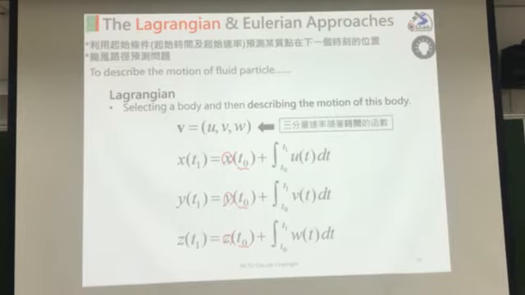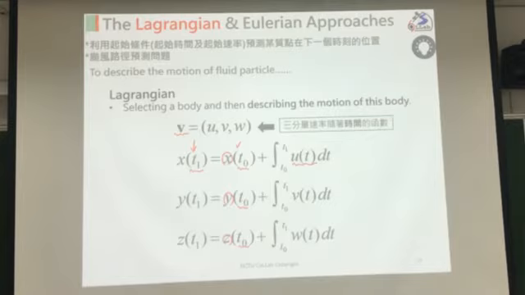And then because we have the velocity field, we pick another time, like t1, and we can follow the initial point with the velocity functions. So that's why we can predict the position at t1. Okay, so Lagrangian is very easy.